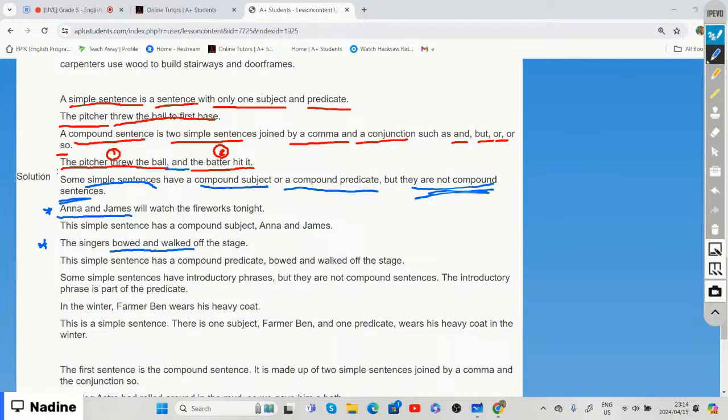So once again, we don't call these compound sentences. It's just a compound subject, or we call it a compound predicate, but it is still basically a simple sentence.